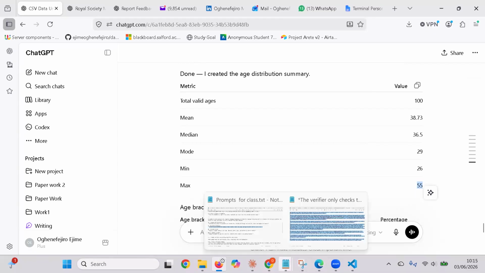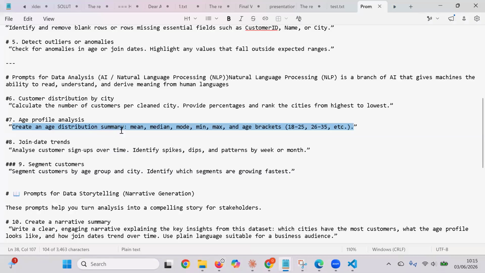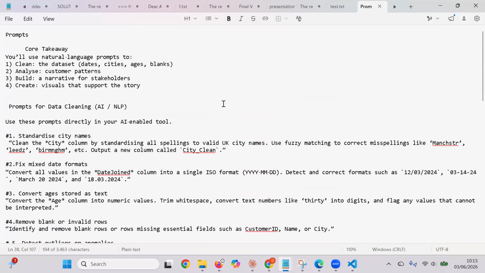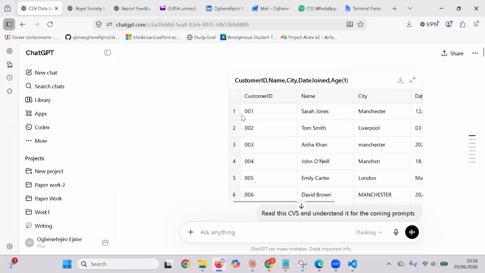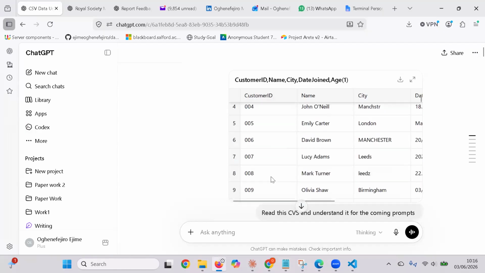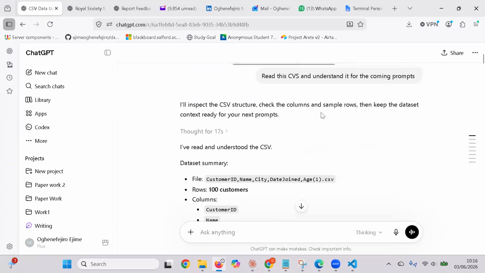This is actually done for us using just one single prompt because now the LLM has a history. Why is this working? That's one question that I need some of you to ask me. The LLM has understood our journey of what we are doing using what we call history. Because when we started the prompt, we built a history right from the beginning by giving it a data set that I asked it to read for the coming prompts.